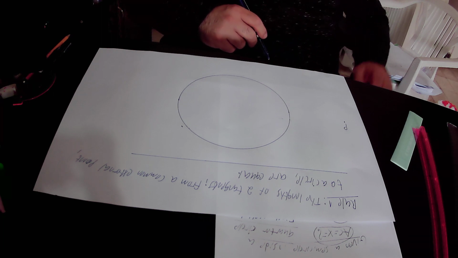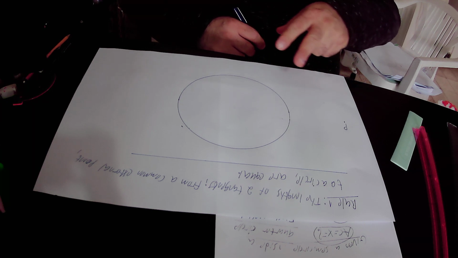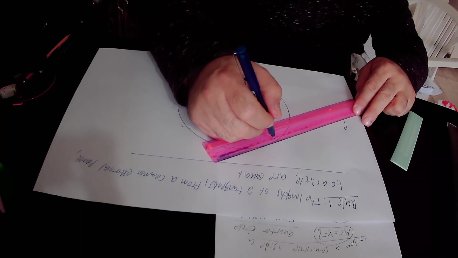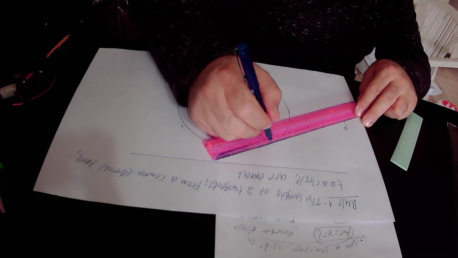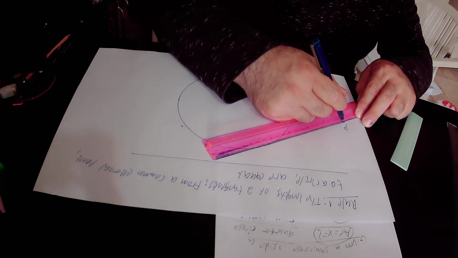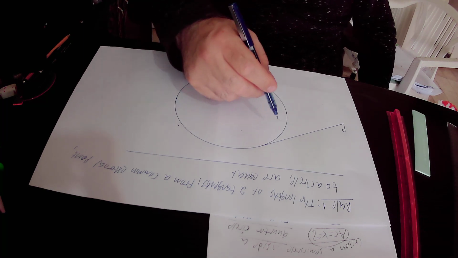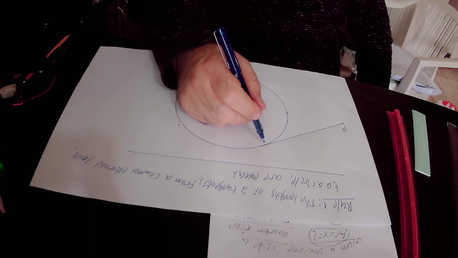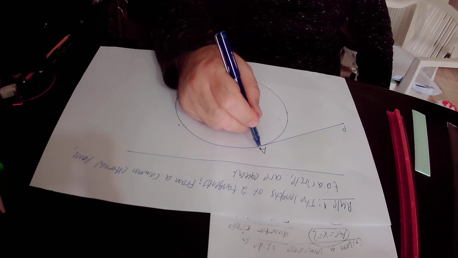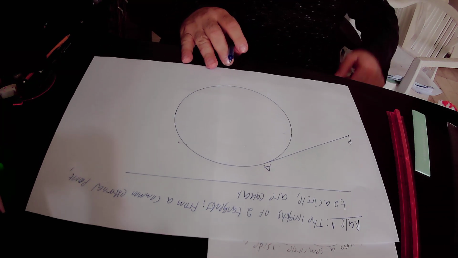So if from the external point P we draw two tangents to this circle, here the first tangent is this tangent, and the point of tangency of the first tangent with this circle is point A. And then we will draw a second tangent to this circle.